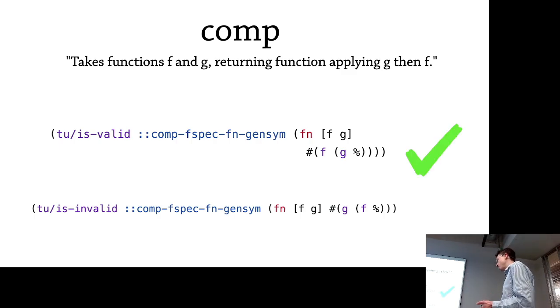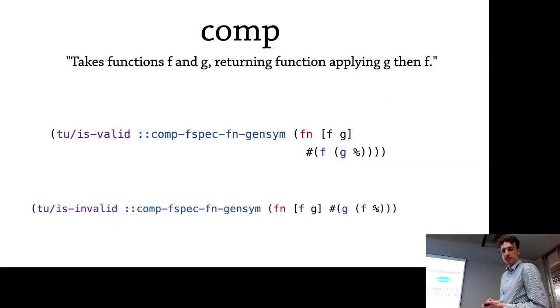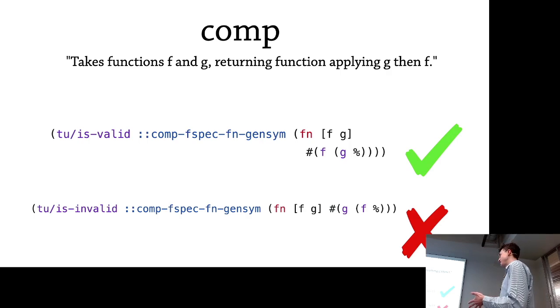And then this second one applies F and then G. And the computer says this is not a good implementation, and it'll give you a spec that this function should conform to, but doesn't.